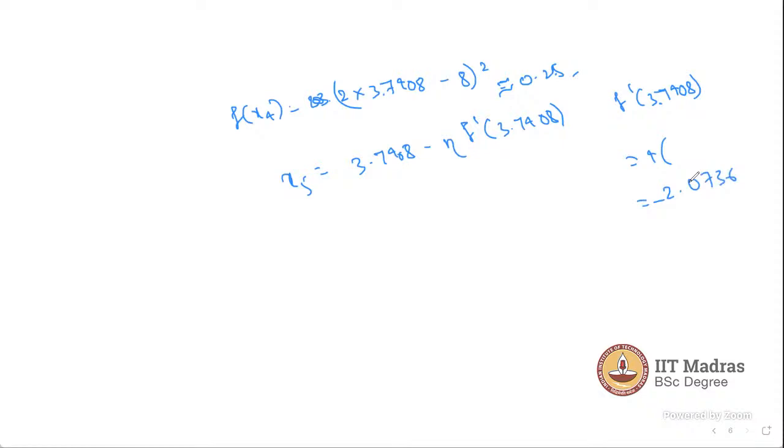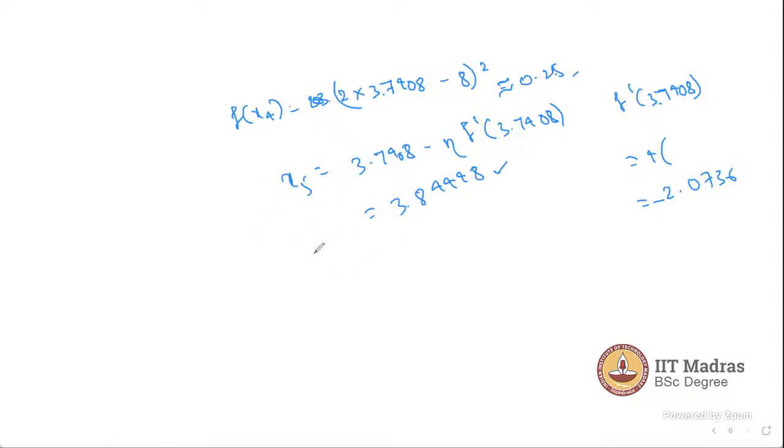Obviously, there will be a minus sign, and that into 0.05 will give this whole value as 3.8448 or something. Approximately we'll get this value.